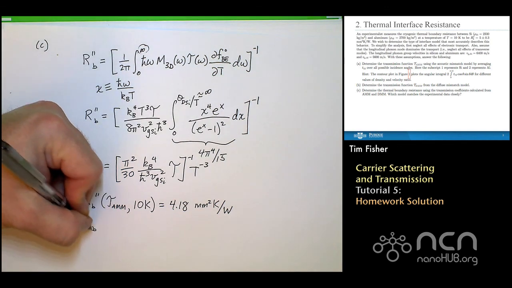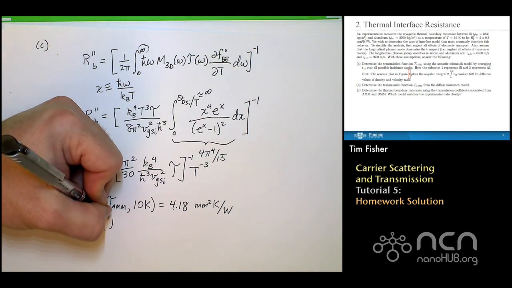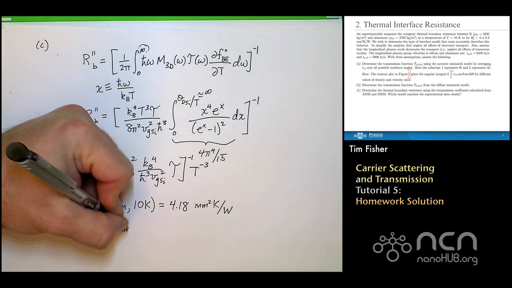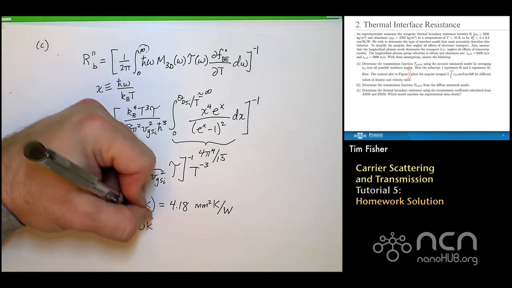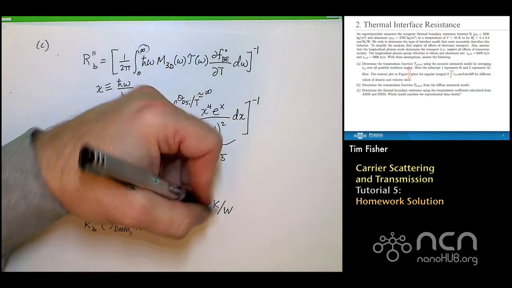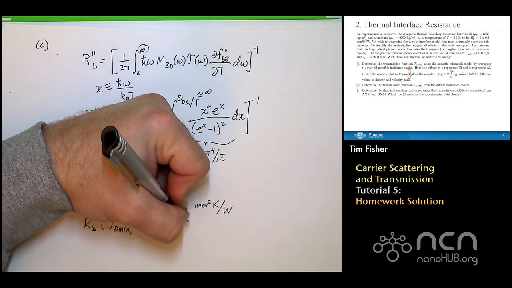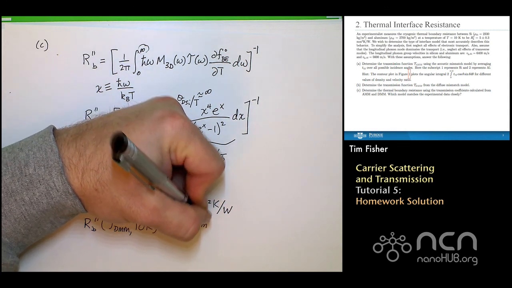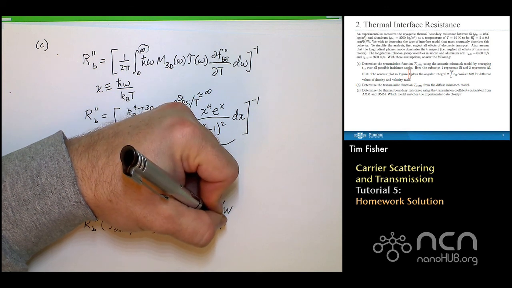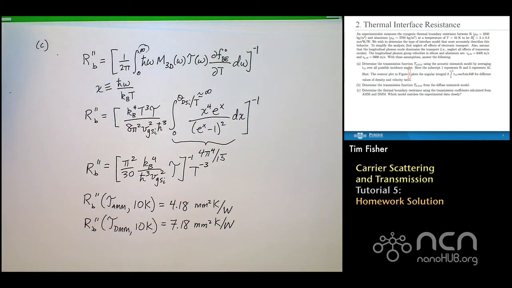And if we apply the diffuse mismatch model, again at 10 Kelvin, that's the experimental temperature, this becomes 7.18 millimeters squared Kelvin per watt. And the experimental result showed that they had a thermal boundary resistance of 4.5.